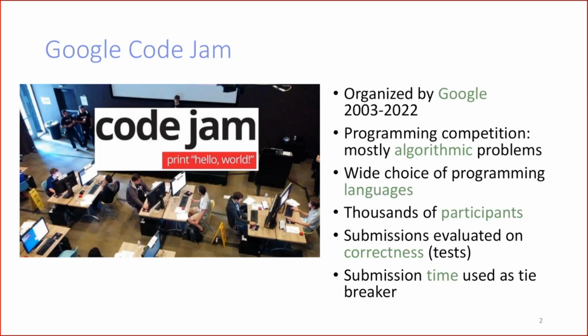So correctness is the main criterion. And then if multiple participants submit submissions that have the same correctness, so they pass the same number of tests, then they use the time of submission as a tie-breaker. There's a time window of typically 24 hours or more for submitting a solution to each round and so on. So that's a rough idea.